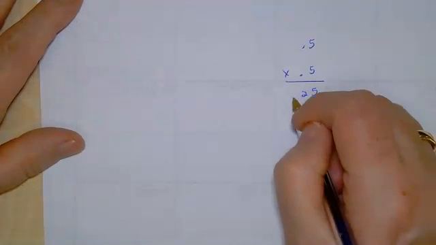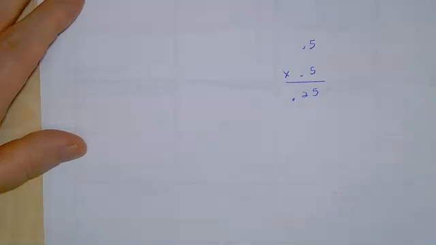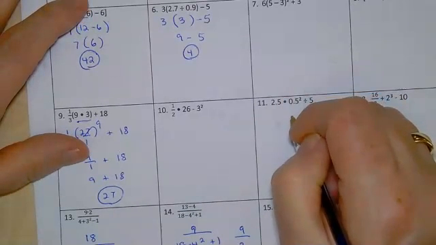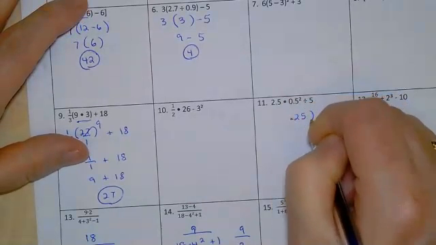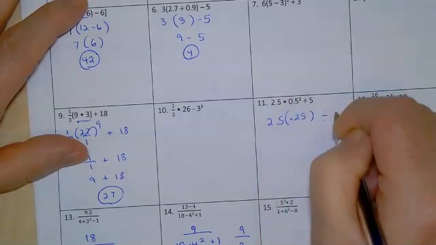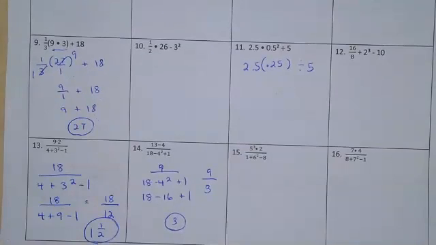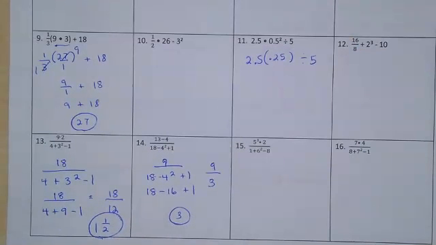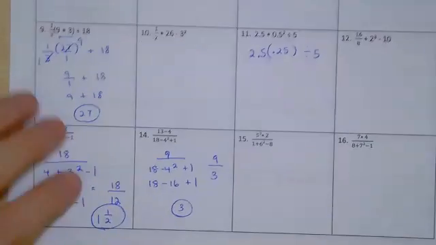In front, yep. So 0.25 is what we're going to get for that. So let's go 0.25 times 2.5 divided by 5. So multiply or divide, which one's on the left?